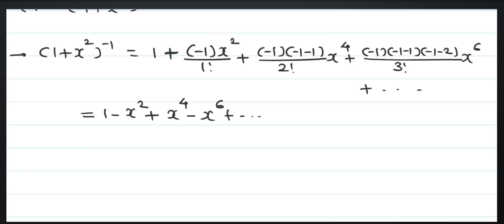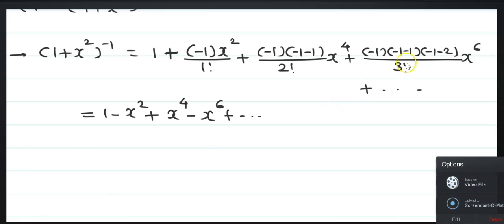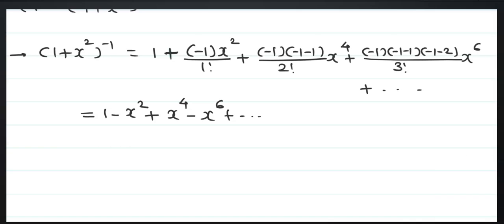Next, the 3 times minus sign is repeated here. What is here? 3 factorial, which means 6. And here is 3 into 2, 6. Now these 6 and 6 cancel. Therefore, the sign is minus here, and you will get x raised to 6. These are the 4 terms.